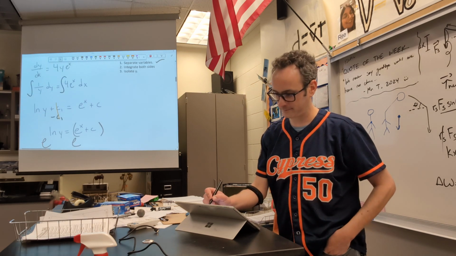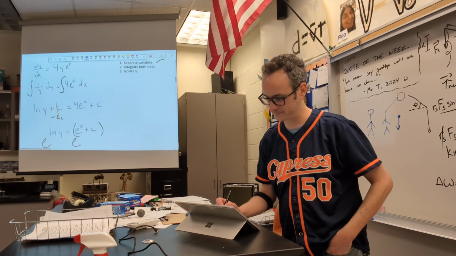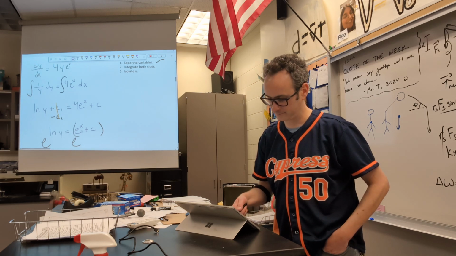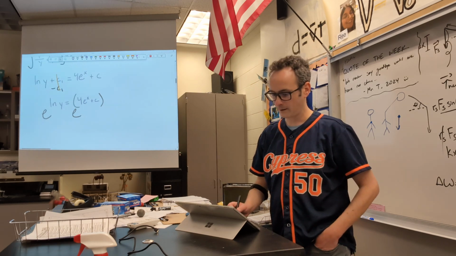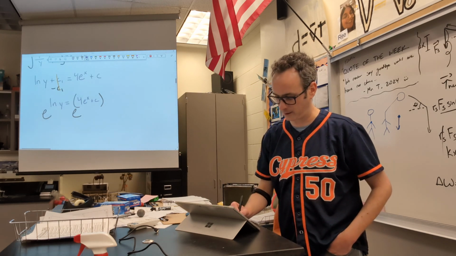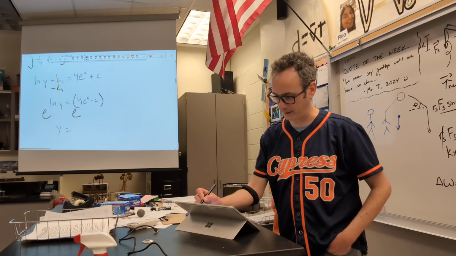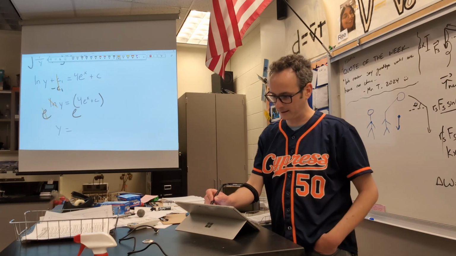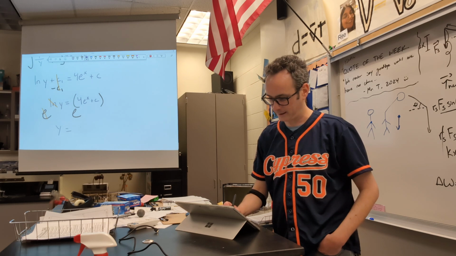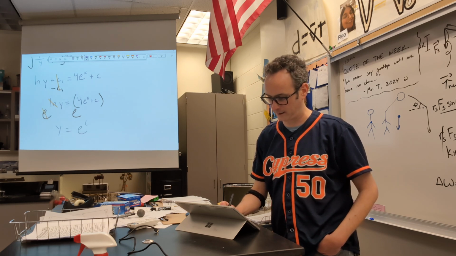I did. So we got 4 e to the x plus c. Okay, and then this will give you y, because again, the e here cancels out with the natural log. This will give you e to the 4 e to the x plus c.